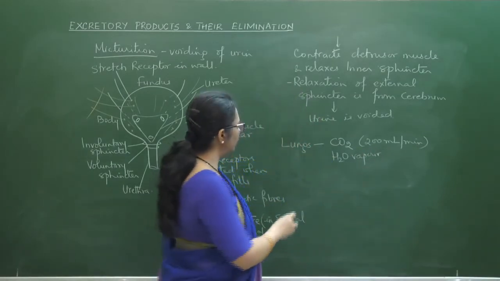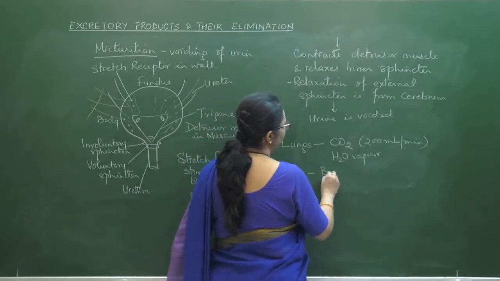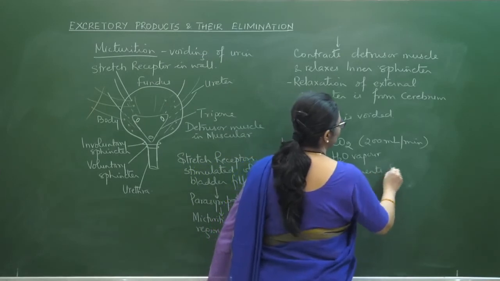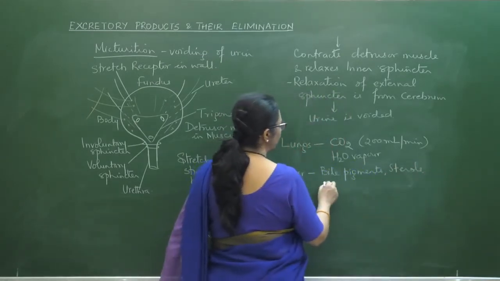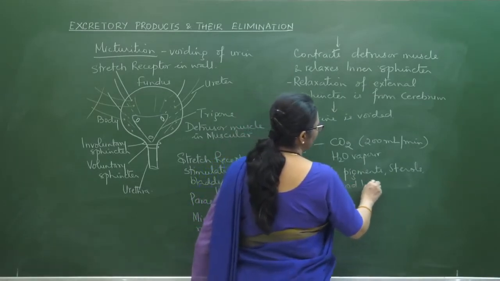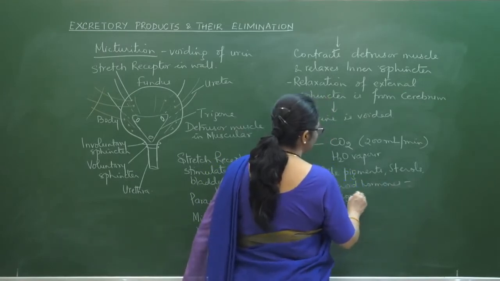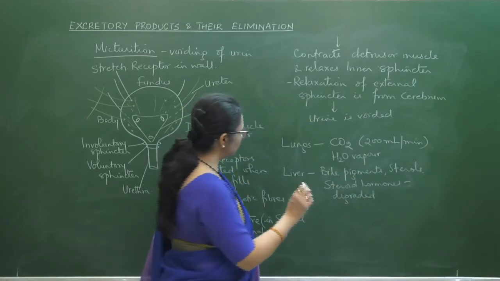Then there is the liver. We have seen the bile pigments being produced, and even sterols, that is cholesterol, and breakdown products of the steroid hormones are degraded here. All that is also lost along with the bile juice.